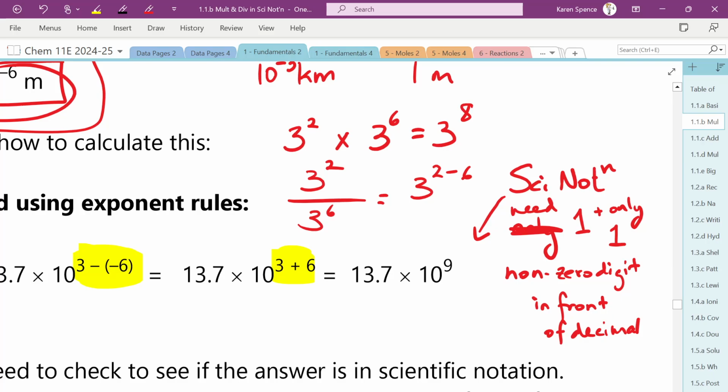Do you know how to change this number into scientific notation? See if you can tell your partner how you would do that.